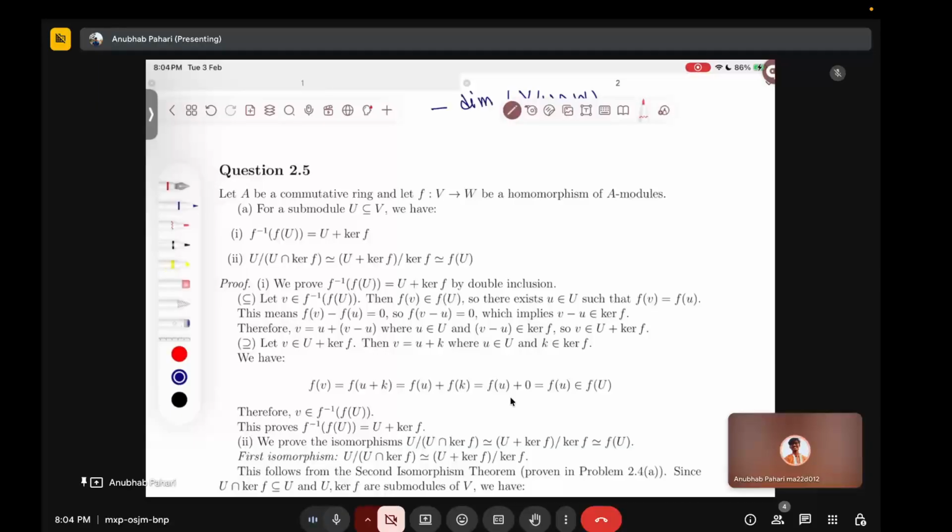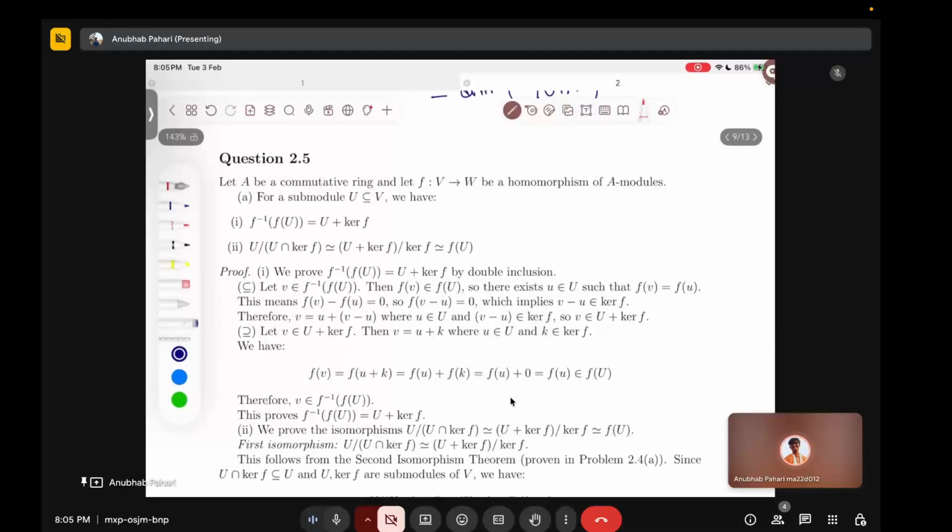So we first focus on the first assertion, that F inverse of F of U equals U plus kernel of F, and again we prove this by double inclusion. Let v belong to F inverse of F of U, then F of v belongs to F of capital U. So there exists small u in capital U such that F of v equals F of u.